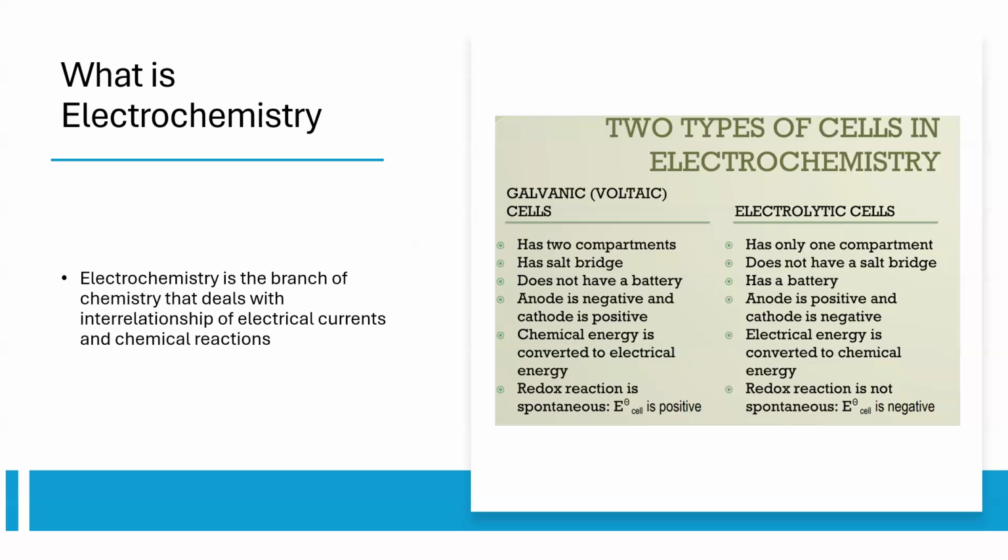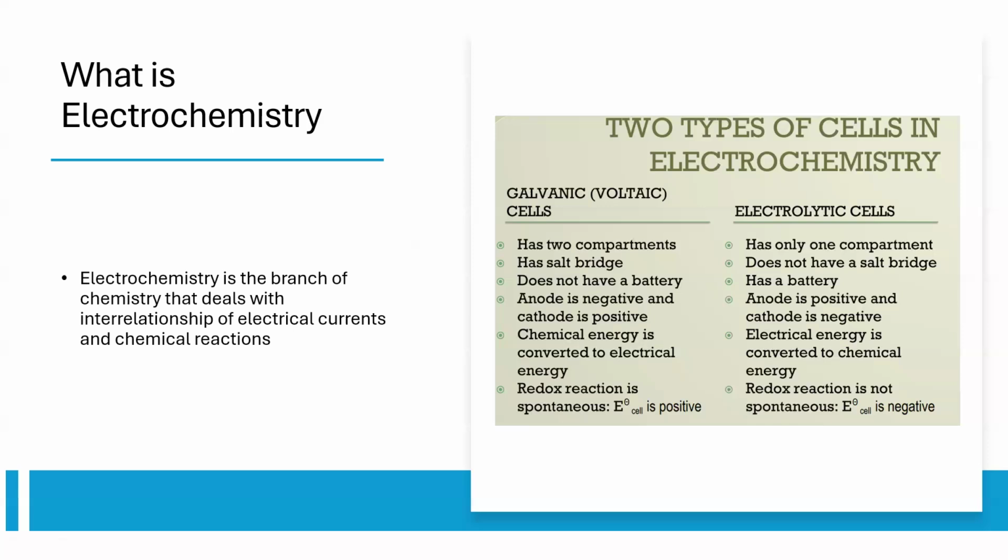It means a cell can work on its own and generates current. But when the E cell is negative, it means this is non-spontaneous. It means the goal is to use electricity to force a reaction to take place. The reaction cannot happen on its own, but needs electricity to force it.